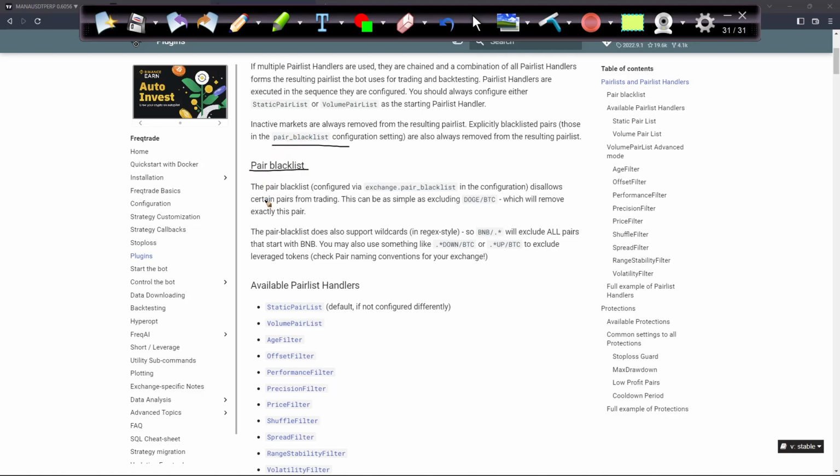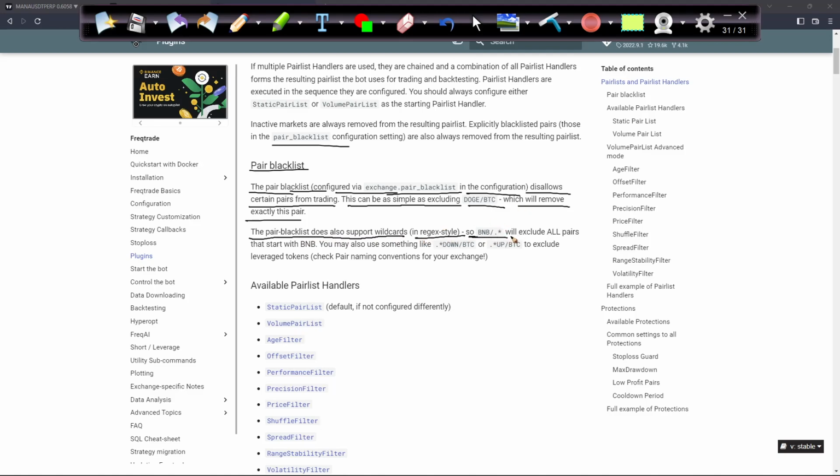Now the pair blacklist in the configuration disallows certain pairs from trading. This can be as simple as excluding DOGE/BTC, which will remove exactly this pair. The pair blacklist also supports wildcards in regex style.